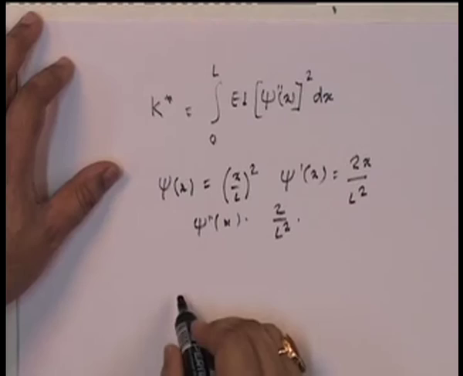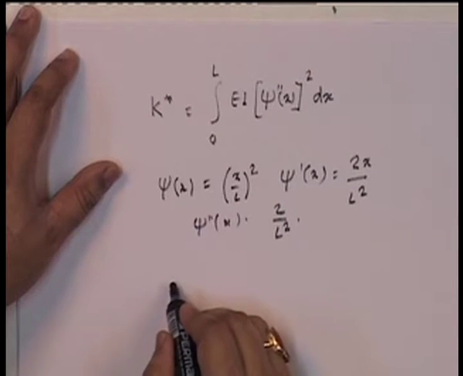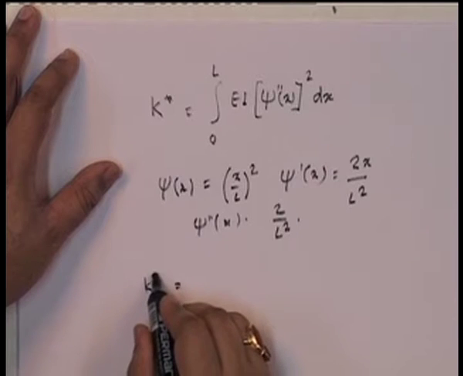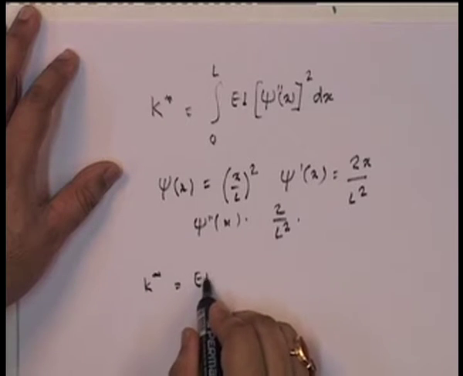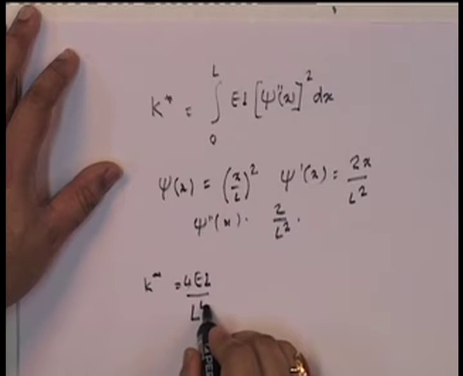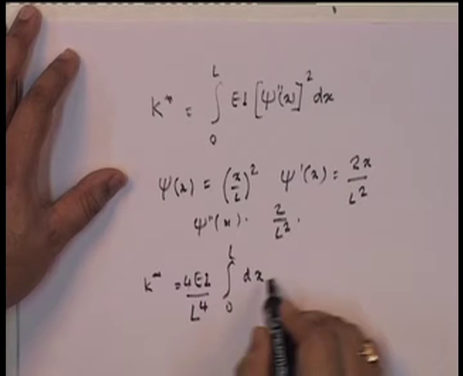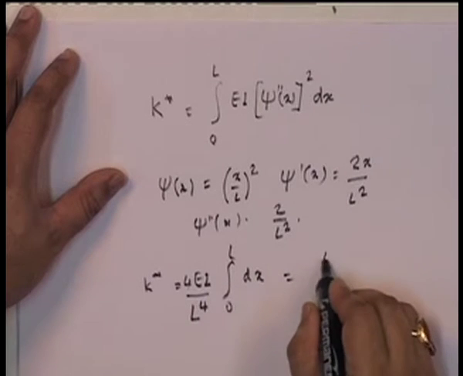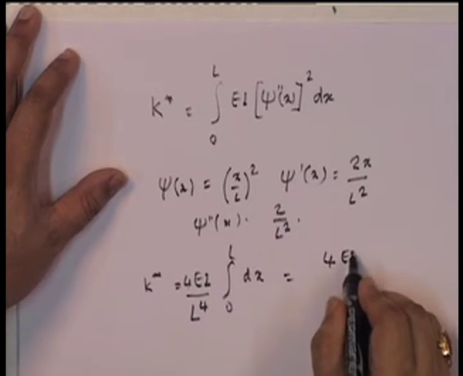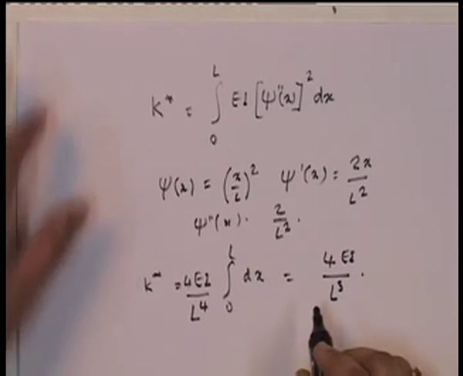So, 2 upon L squared the whole squared, this basically becomes k star is equal to E I 4 E I upon L fourth integral 0 to L dx, which is equal to 4 E I upon L cubed. So, that is my k star, and what is my p star?